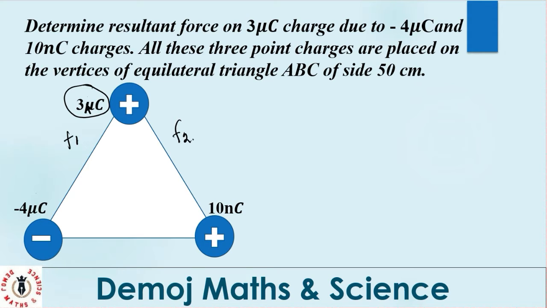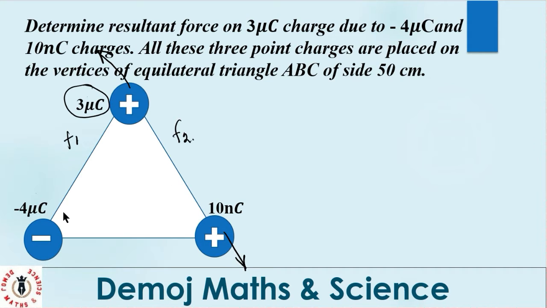Because my 3 microcoulomb and the 10 nanocoulomb are both positive charges, there will be a force of repulsion between them. That is, I'll have this going in this direction, while I'll have my 10 also going in this direction.